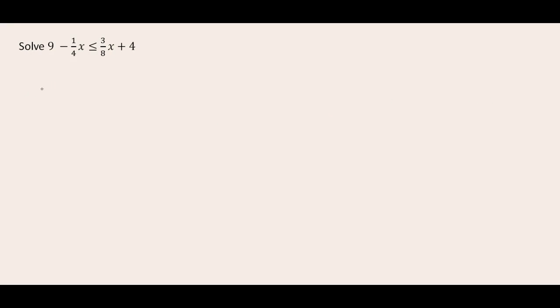Next example, 9 minus 1 over 4x is less than or equal to 3 over 8x plus 4. Let's add 1 over 4x to both sides. So 3 over 8 plus 1 over 4. Our least common denominator is 8, so we have 3 over 8 plus 2 over 8, which is 5 over 8.